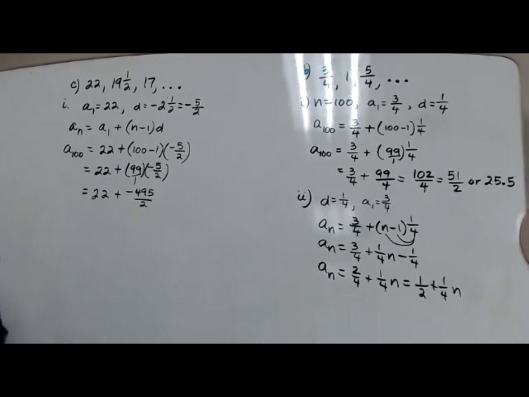And this is where we're going to have to use that calculator to do this. 22 plus, and in parentheses, -495 divided by 2.